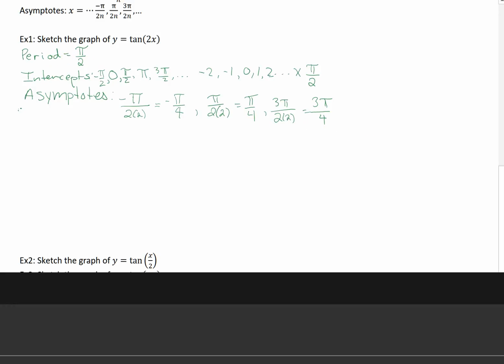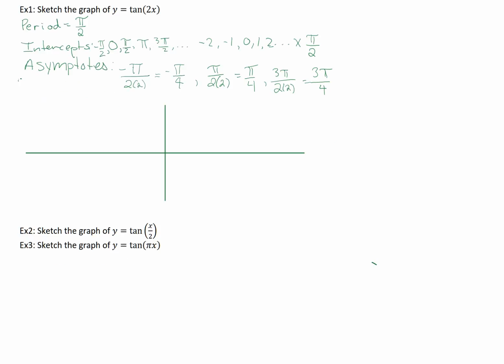And now it's just a matter of doing a nice sketch. I'll start by putting on a scale going up by pi on 4s, because that will account for these as well, because those are just the even multiples of pi on 4. So I'll grab my pencil. We start at 0, and then we've got pi on 4, pi on 2, 3 pi on 4, pi, 5 pi on 4, and we're just going to go up to 2 pi here.